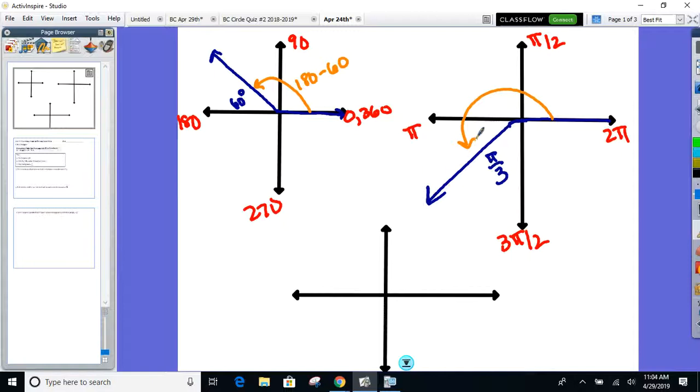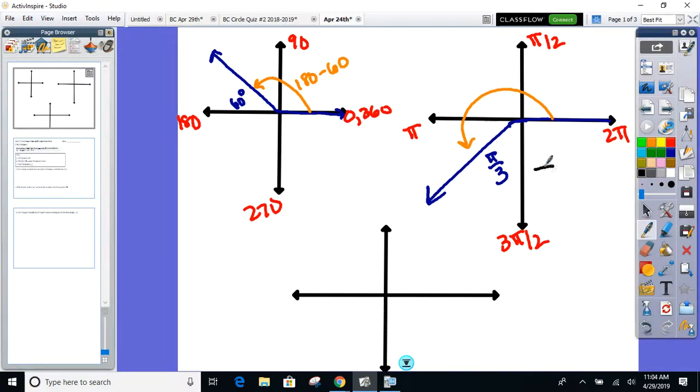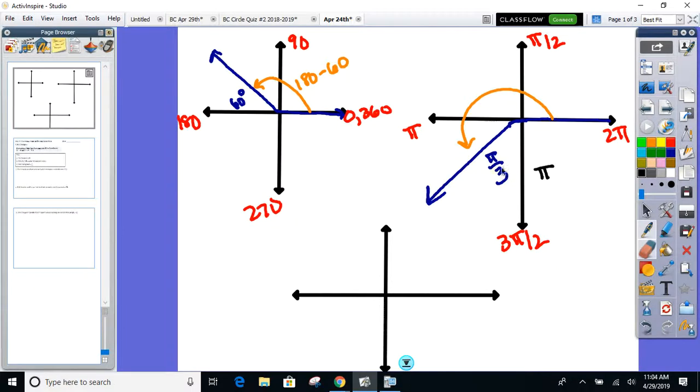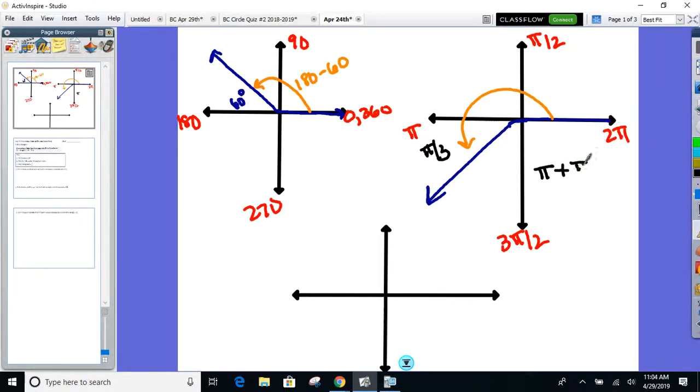But what if it's in quadrant 3? Now I'm going to do pi and not subtract, but add. And I put the reference angle in the wrong spot. It's got to go with the x-axis. So I'll do pi plus pi over 3. Are you comfortable doing that? Different denominators. It's okay. We'll go over that today.